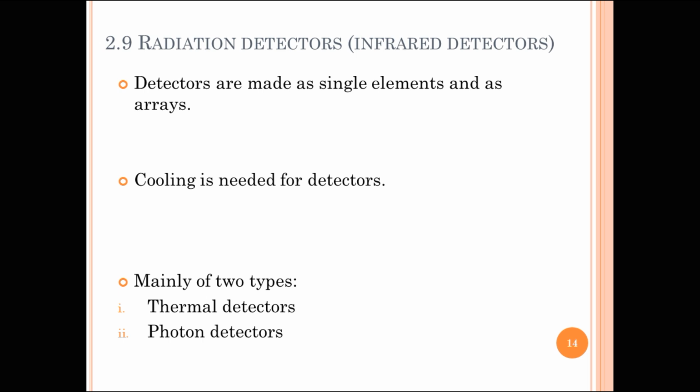Various forms of infrared detectors are available for different tasks such as night vision, fiber optic communication, intrusion alarms, agricultural sorting, environmental monitoring, chemical analysis and temperature measurement. Two major categories of radiation detectors are thermal detectors and photon detectors.